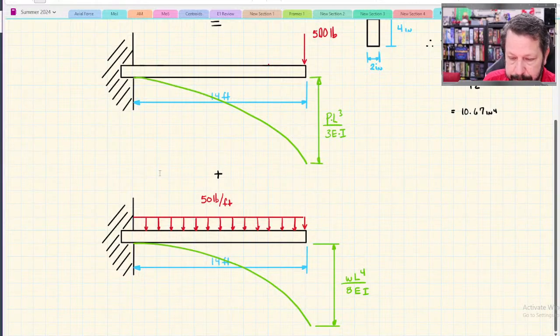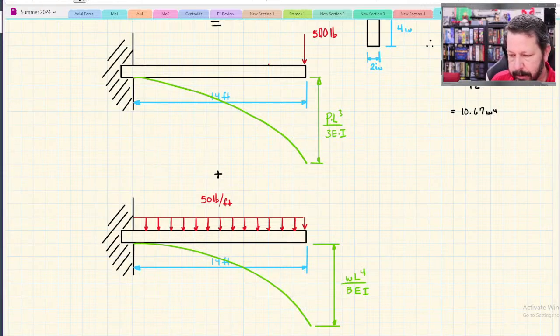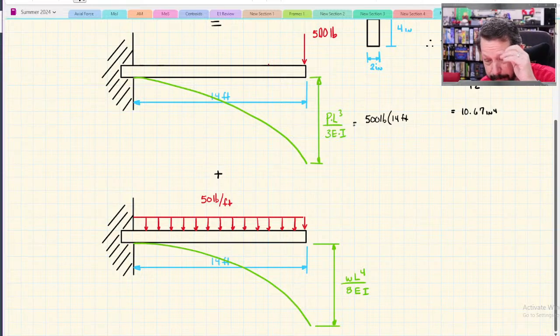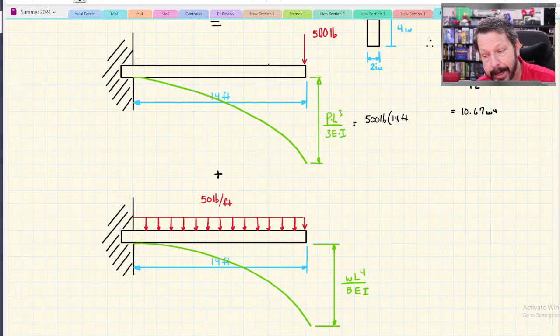So for the cantilever, PL cubed over 3EI, P is 500 pounds, L is 14 feet. Now I do have to be careful. E is going to have pounds per square inch in it, I is inches to the fourth, and I've got feet in the numerator, so that's going to be a little mismatch.